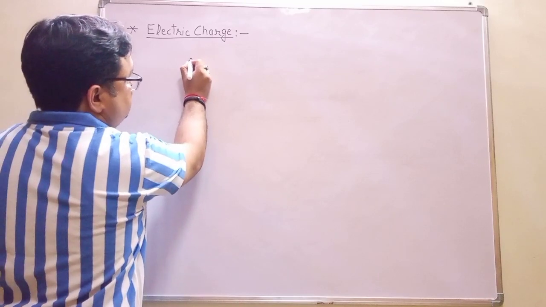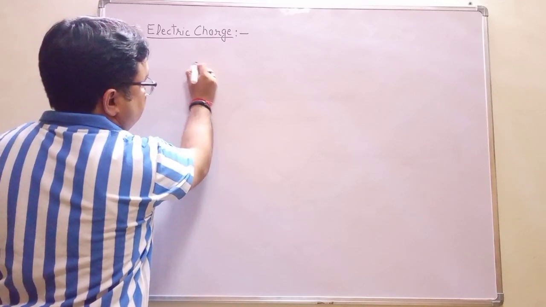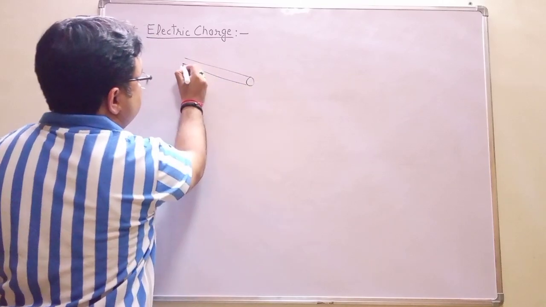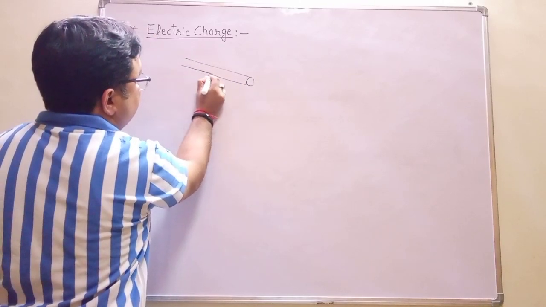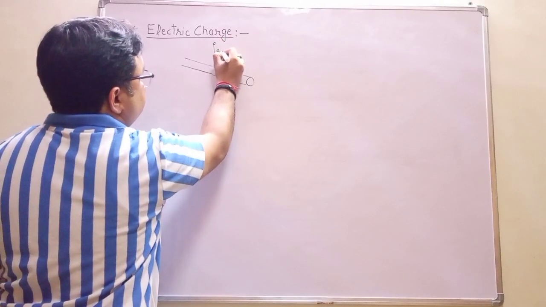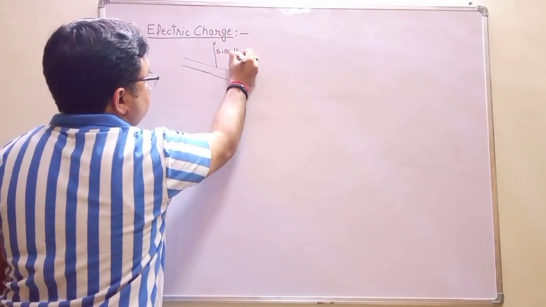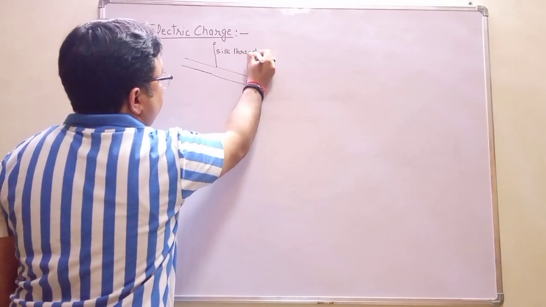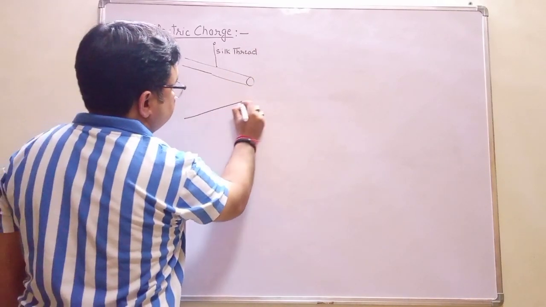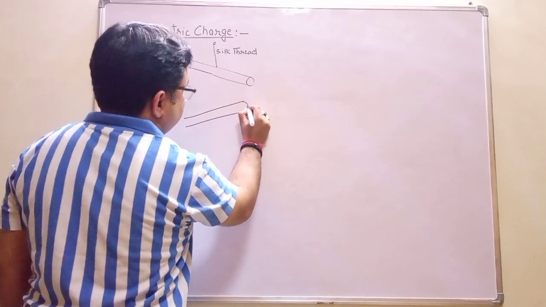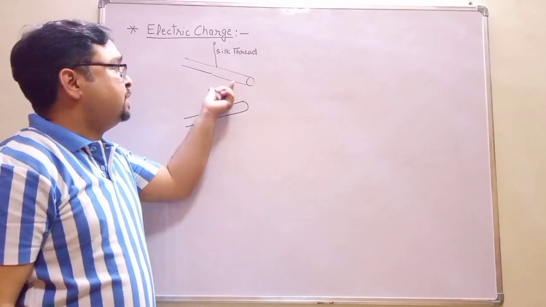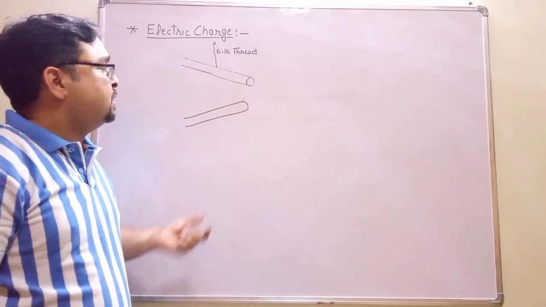If we take a glass rod, suppose we have a glass rod, and this glass rod is suspended by a silk thread, and we have another glass rod. We bring this other glass rod near to the suspended glass rod.